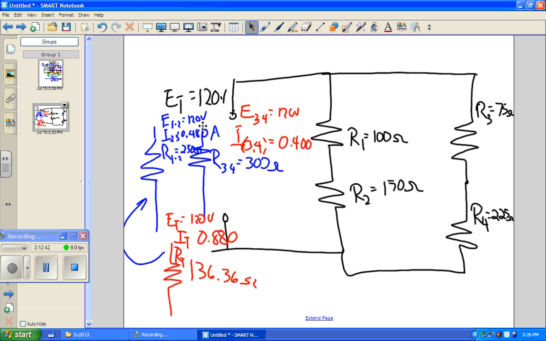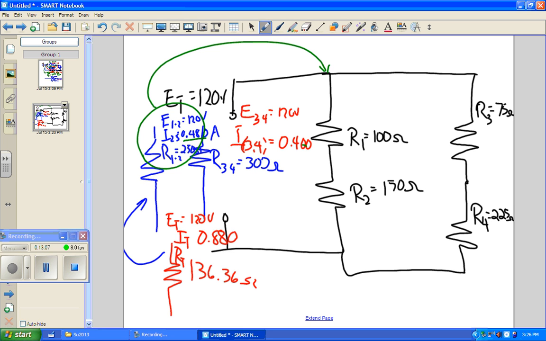Okay, so now we have this set of totals for the left parallel branch. And what numbers are we going to put in there? This is a series branch that we're taking stuff into. So what are we going to take into that series branch? Current. Okay.